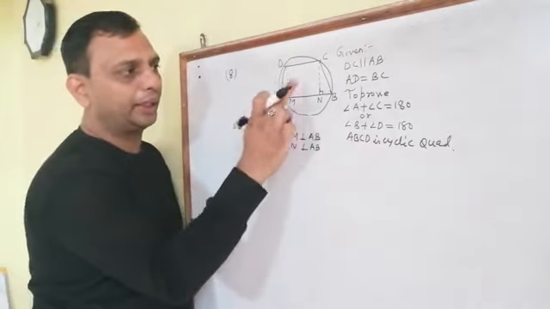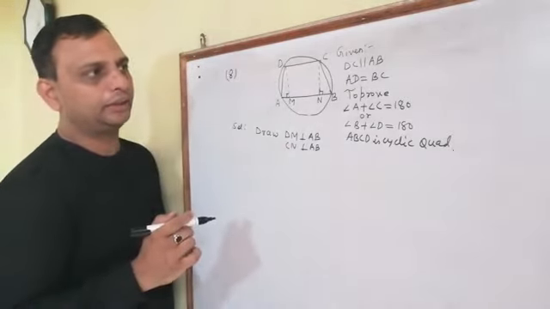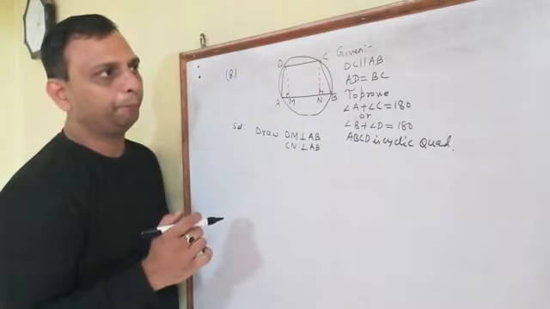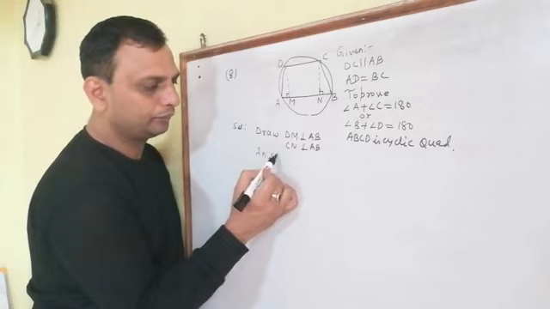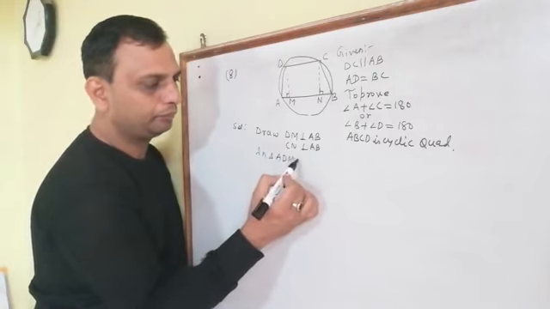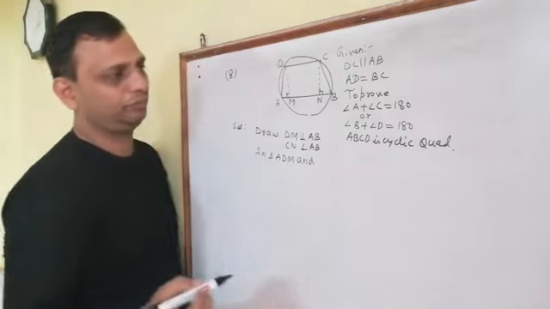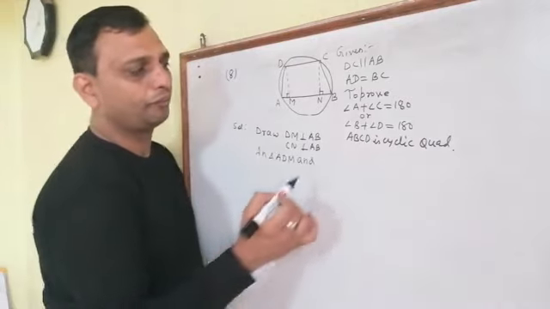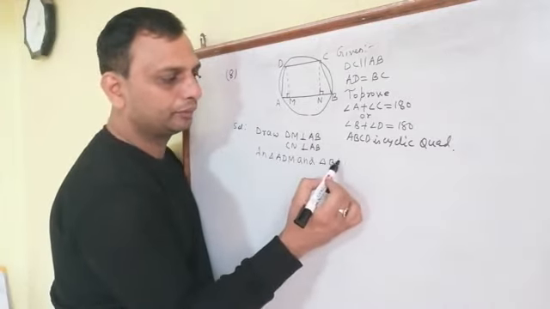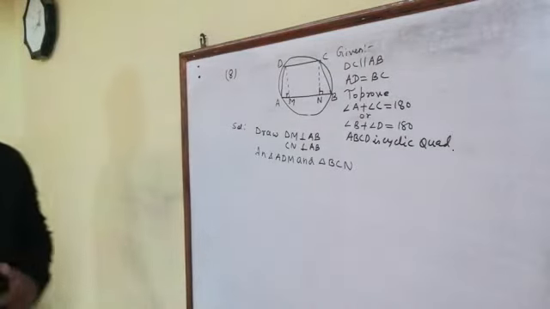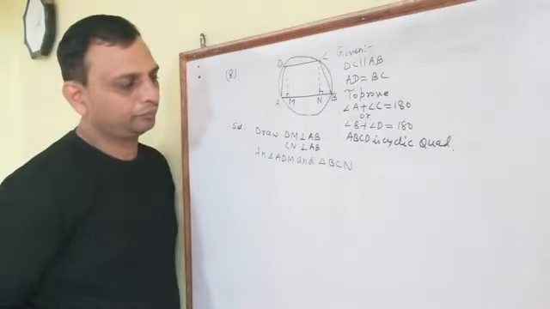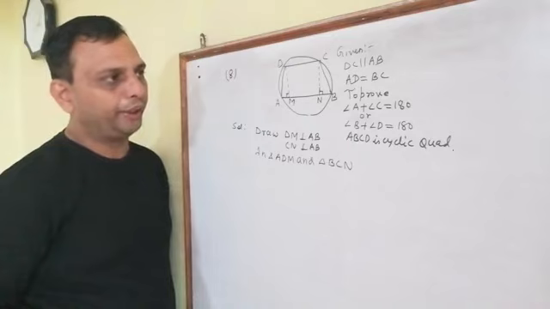Now we will take these two triangles, triangle ADM and triangle BCN.